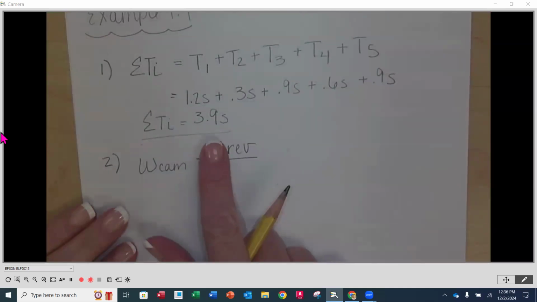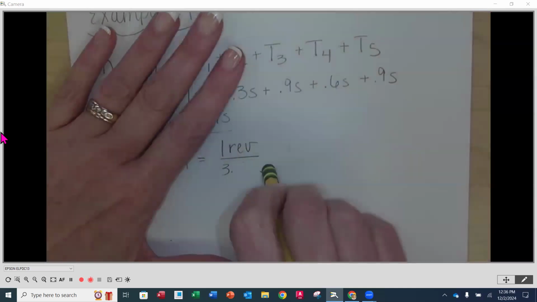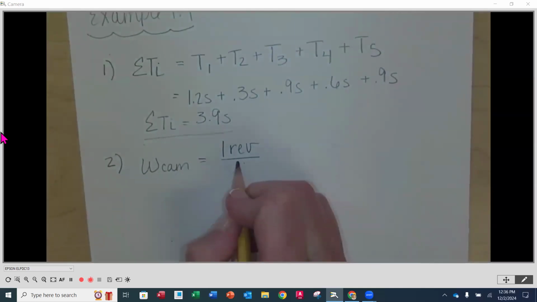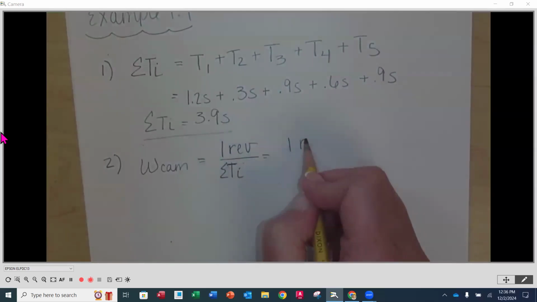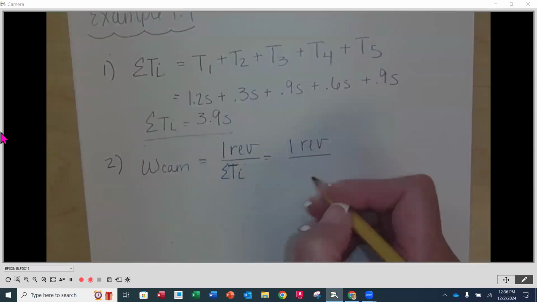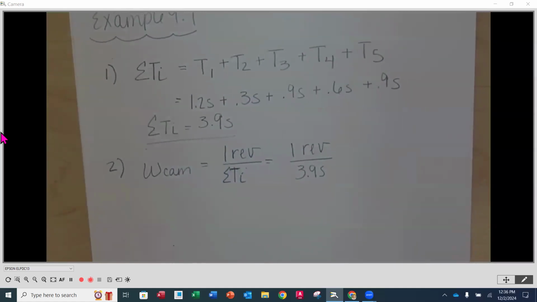So the time for 1 revolution, we should write this in variable form first, is going to be the summation of the TIs, right? So we're going to stick with 1 revolution on the top per 3.9 seconds, because that's how much we have for one revolution in a cycle, right?